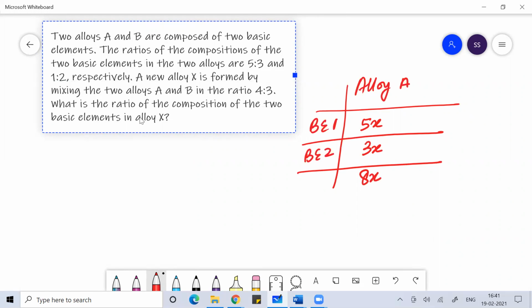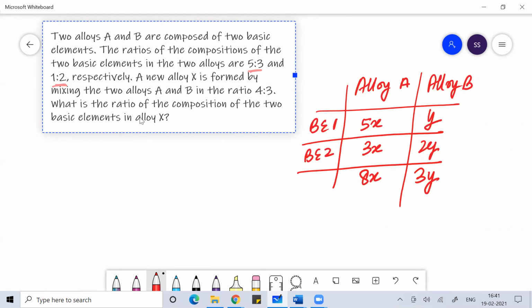Okay, so in alloy B, the ratio is 1 is to 2. Suppose this is y, this is 2y, this is 3y. So this is 5 is to 3 and 1 is to 2 respectively.